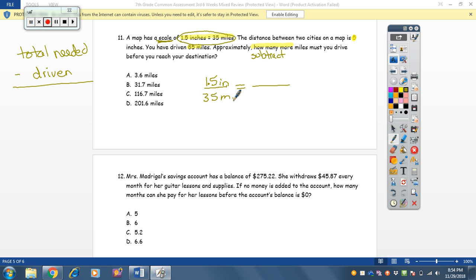Here's where they trick you. I have the number 5 and the number 85. And 5 is even on the end of the line, so it's really easy to forget or miss. But it's important because 85 miles is how far you've driven.